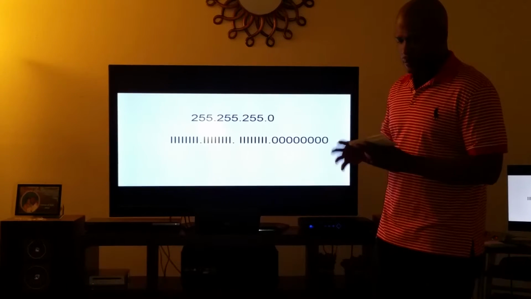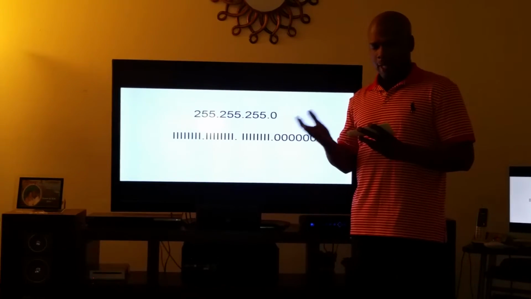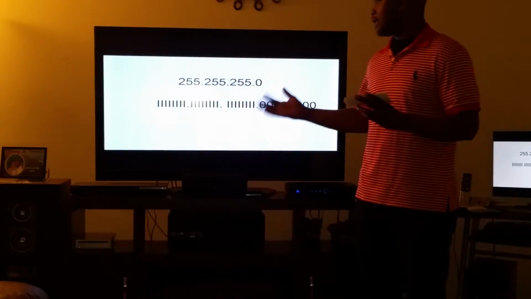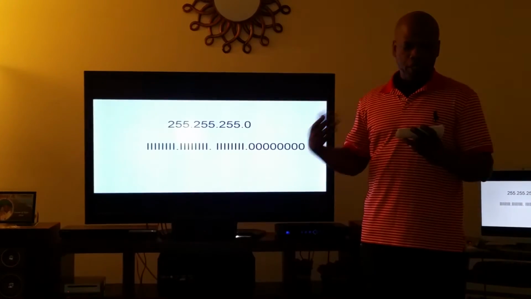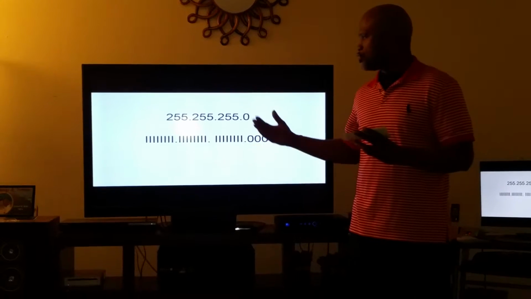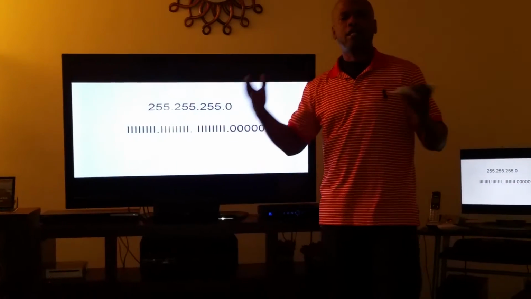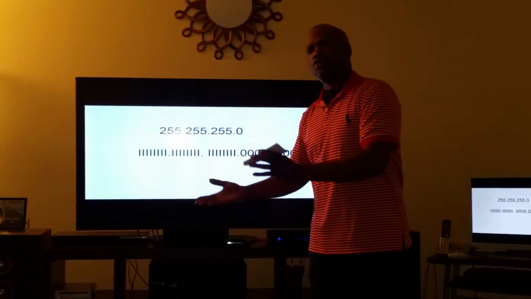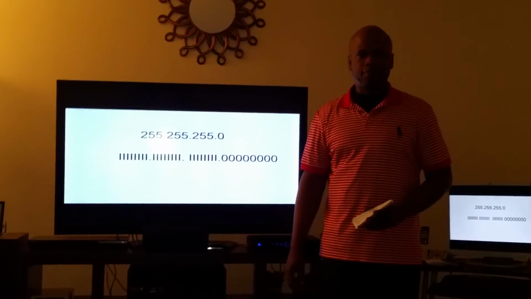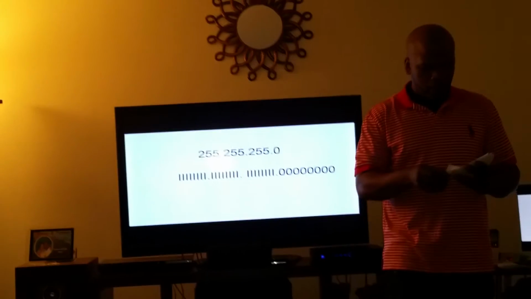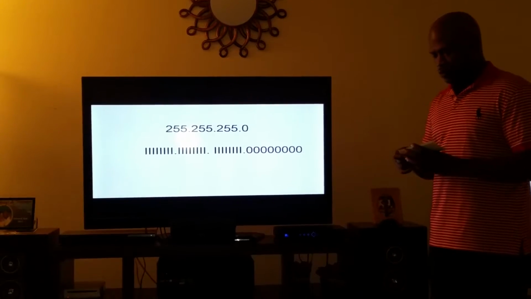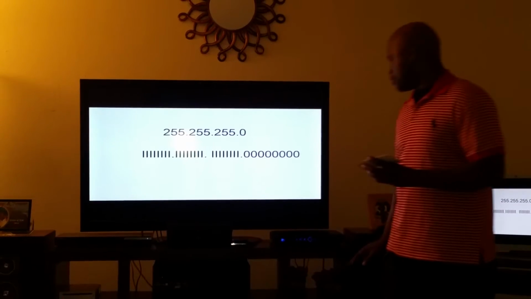The classes, A, first 8 bits, they just help identify the classes. It's very important that you know what class you're using, because it stands for the size of your organization. Each bit is represented by a power of 2.